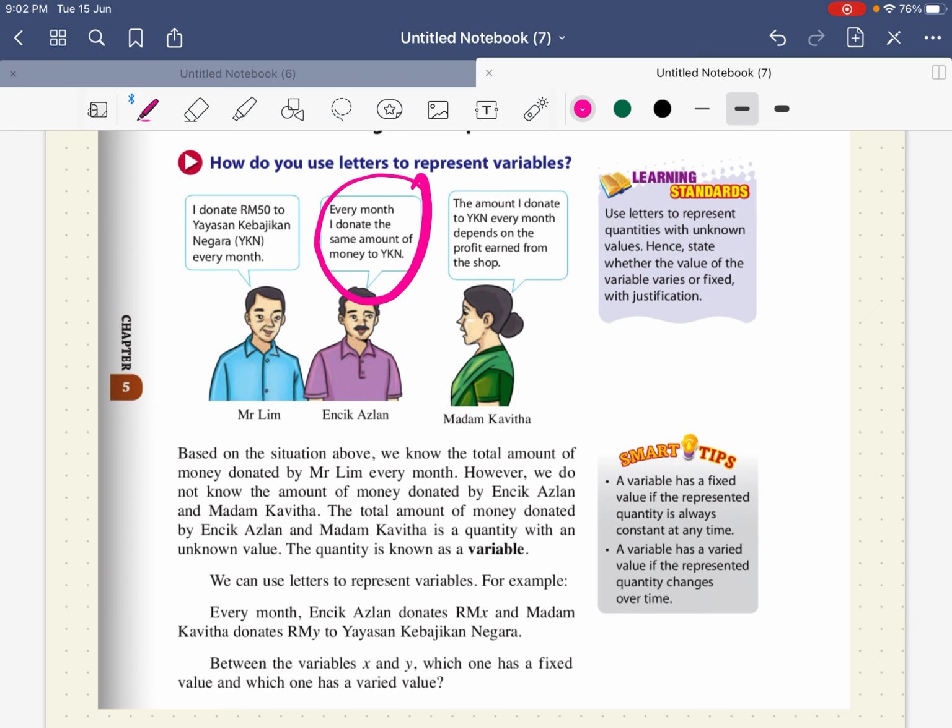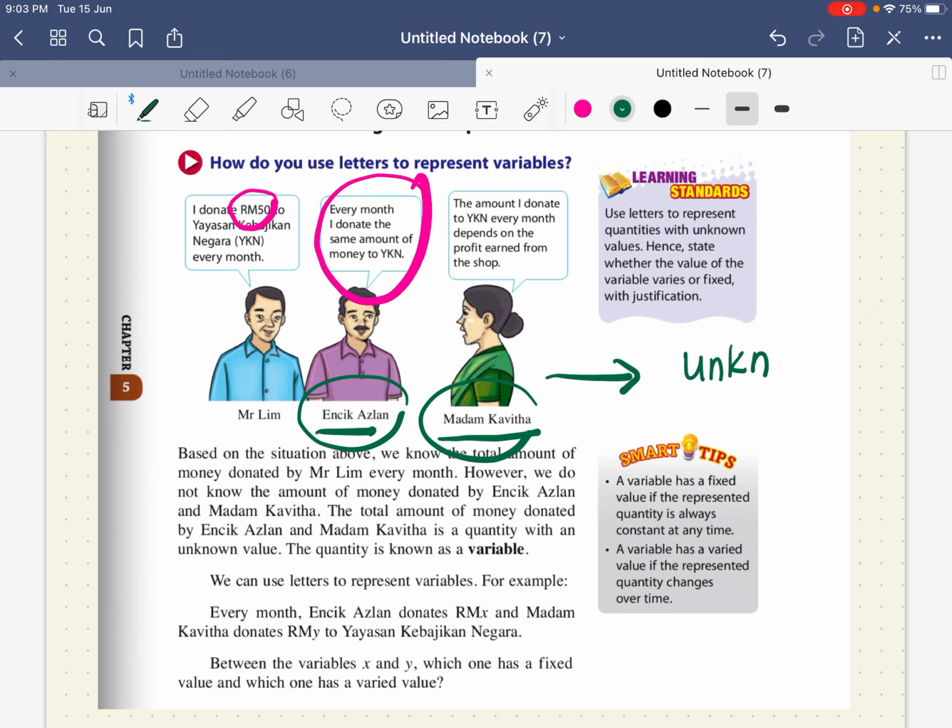So, for Encik Lim we know that every month he donates RM50. So the value we know. For the case of Encik Azlan and Madam Kavita, we don't know. Both Encik Azlan and Madam Kavita, we don't know what the value is. The value is unknown.